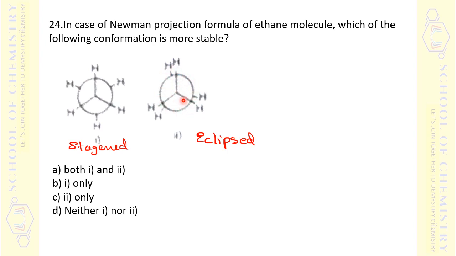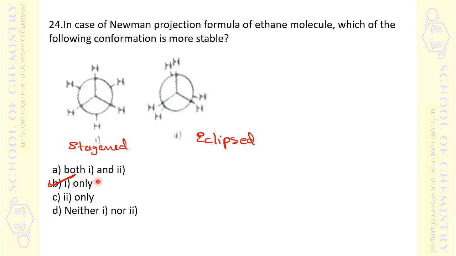Therefore, this eclipsed conformation will be less stable as compared to staggered, and therefore staggered conformation will be more stable. Of course, both 1 and 2 are stable, that is meaningless. So in this case, staggered conformation, that is option B, 1 only, should be the correct answer, right?